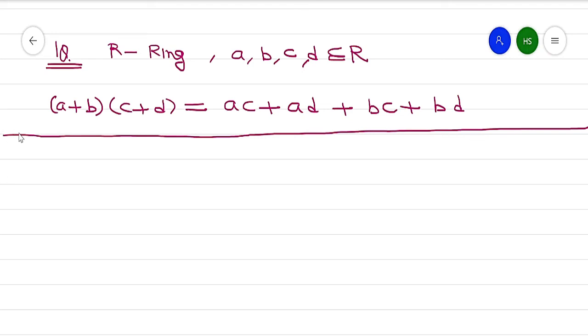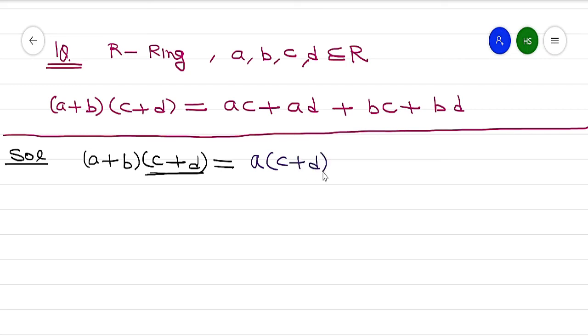Now we will apply the properties of the ring. So remember, solution. First, this is the left hand side, (a plus b) into (c plus d). Now treat this element as a single element. Then apply the distributive law: a into (c plus d) plus b into (c plus d).